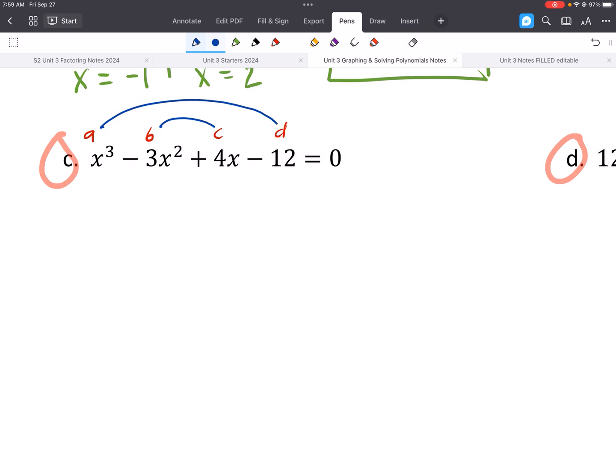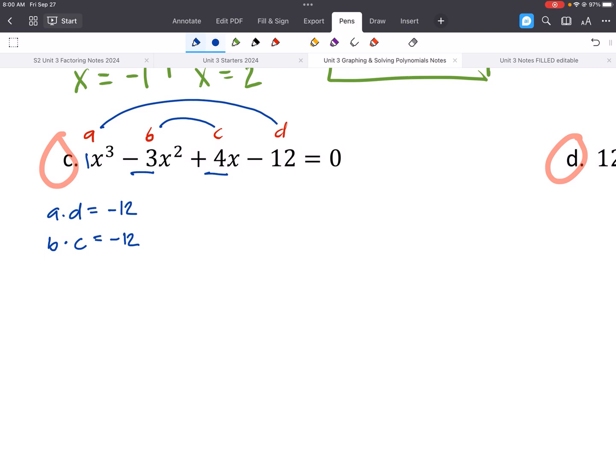If we did A times D, well, that's -12, right? It's 1 times -12. Is that the same as when we do B times C? If we multiply -3 and 4, that does give us -12. So if this happens, then there's a shorter way perhaps to do these types of problems. At least you don't have to guess and check to find your first root, okay?